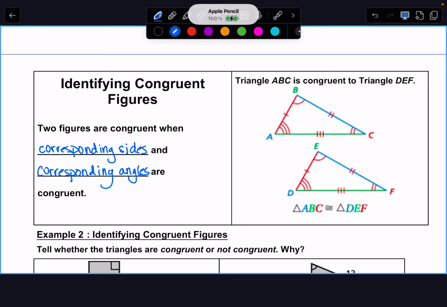So if they're the same size, same shape, we know that corresponding sides have to be the same length and the corresponding angles have to be the same measure. So we're talking about congruent.